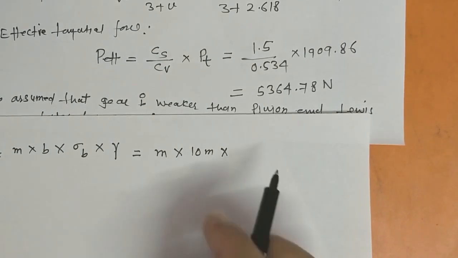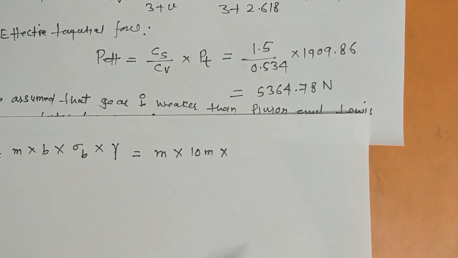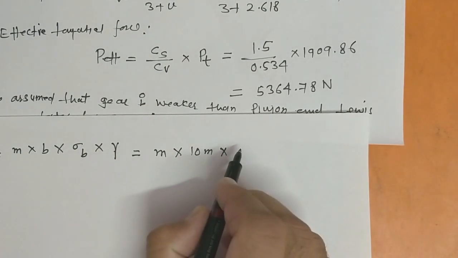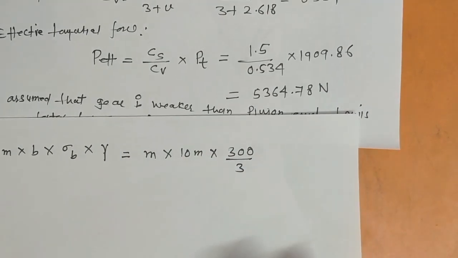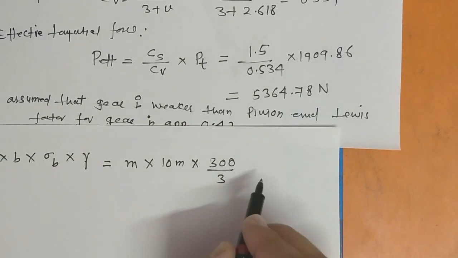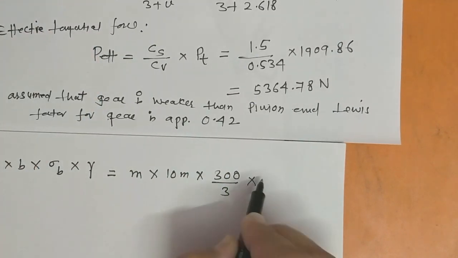So in the case of fluctuation we have to consider the endurance limit. Endurance limit approximately can be taken as 1/3 of ultimate tensile strength. So here sigma B can be taken as 300 divided by 3, and the Lewis form factor we assumed as 0.42.